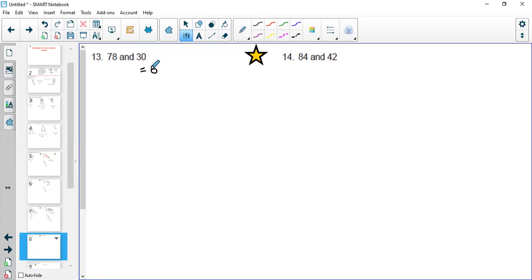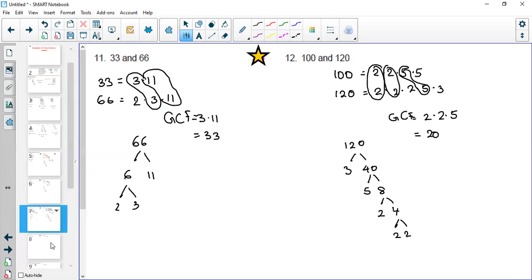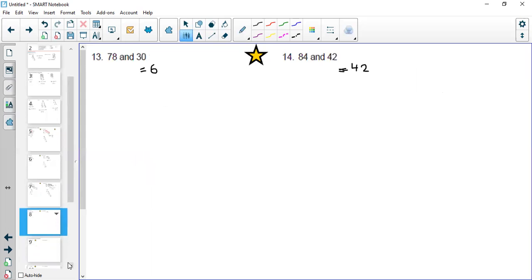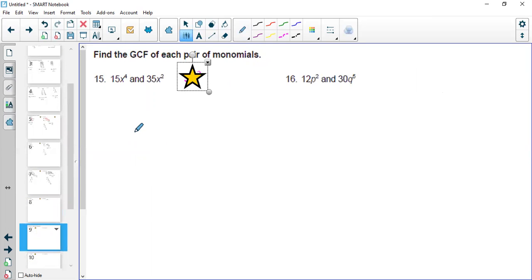Okay, and the next one is going to be 42. The GCF of this is going to be 6, and this is 42. Use the same way which we did, and then definitely we'll get the GCF as 6 and 42. Right, let's go ahead and check this.